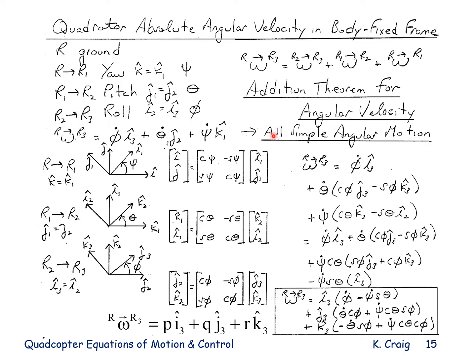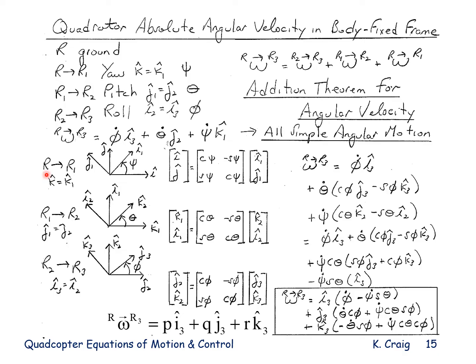I need to express each of these unit vectors in terms of the unit vectors fixed in the body fixed reference frame. I3 hat is already in the body fixed reference frame. So J2 hat and K1 hat need to be expressed in terms of the body fixed unit vectors. How do I do this?